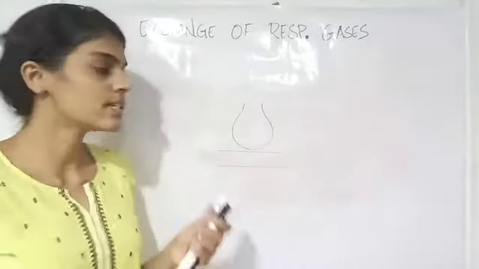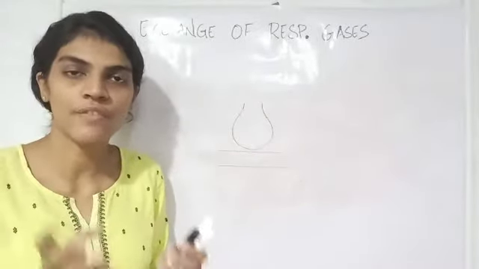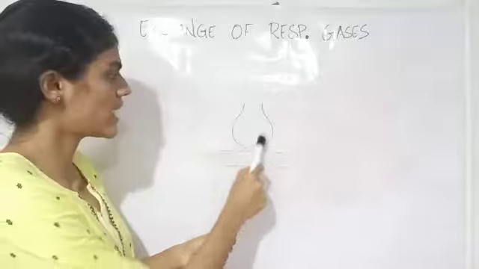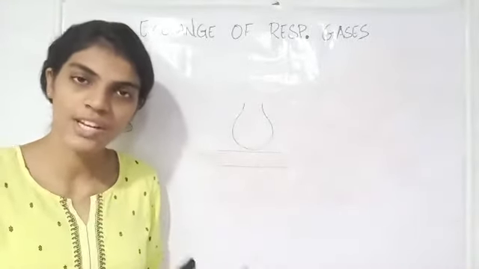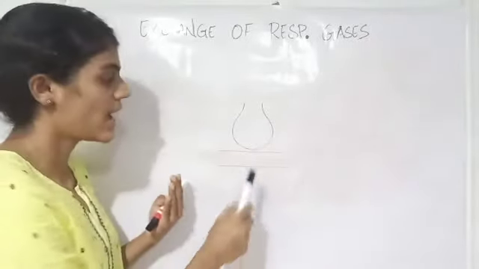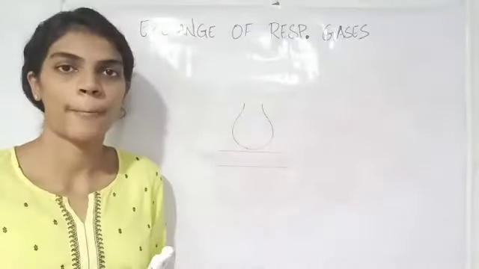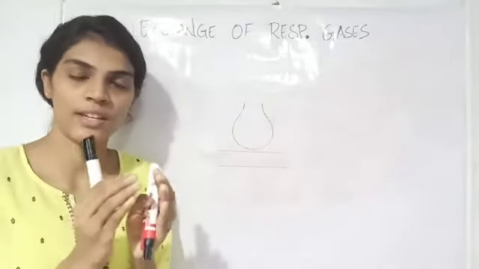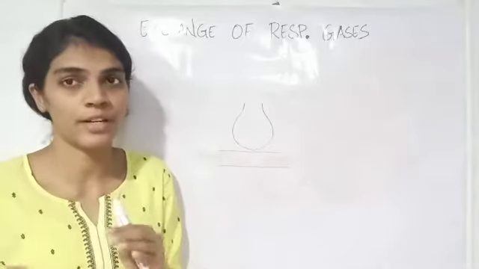Okay, so inside the lungs, what would be the partial pressure of oxygen? Inside the alveoli, you can see both oxygen and carbon dioxide, right? Oxygen that is going to the capillary, and carbon dioxide that is going to the alveoli. So in the alveoli you can see a mixture of both oxygen and carbon dioxide.